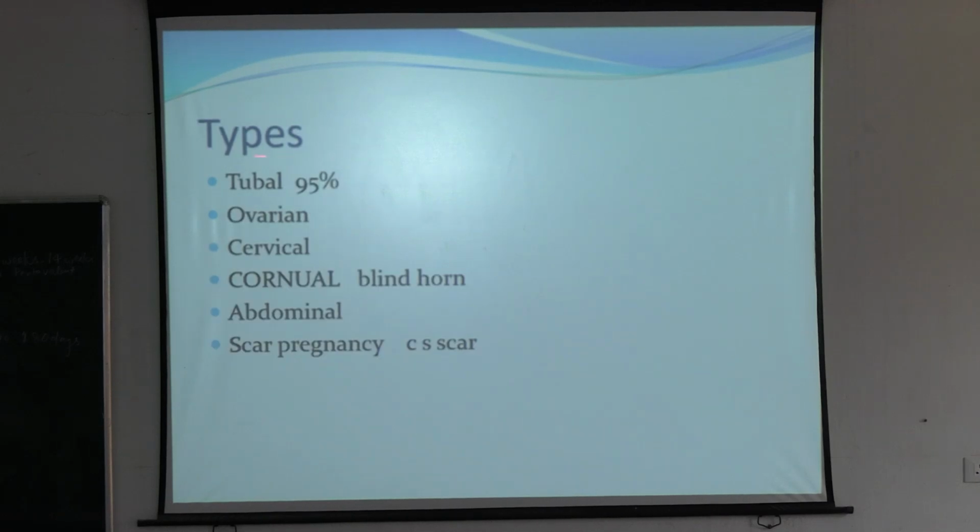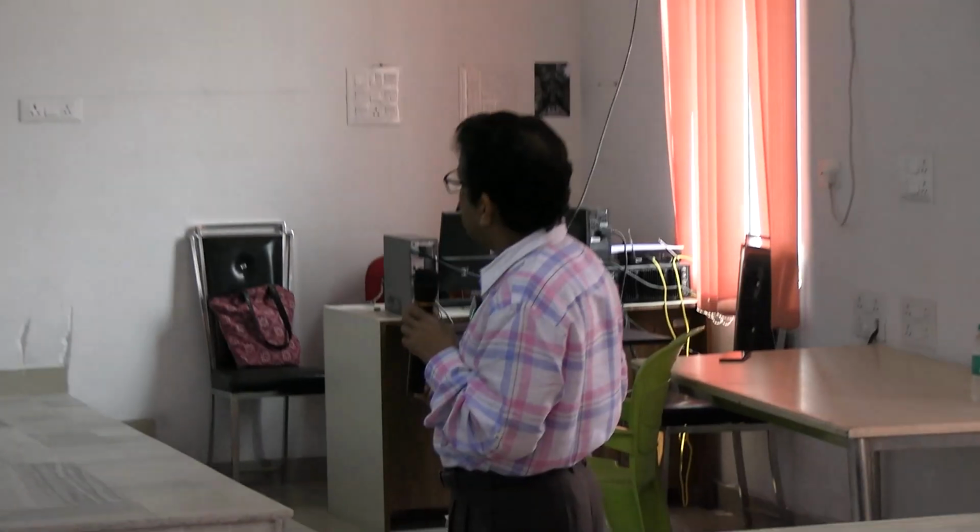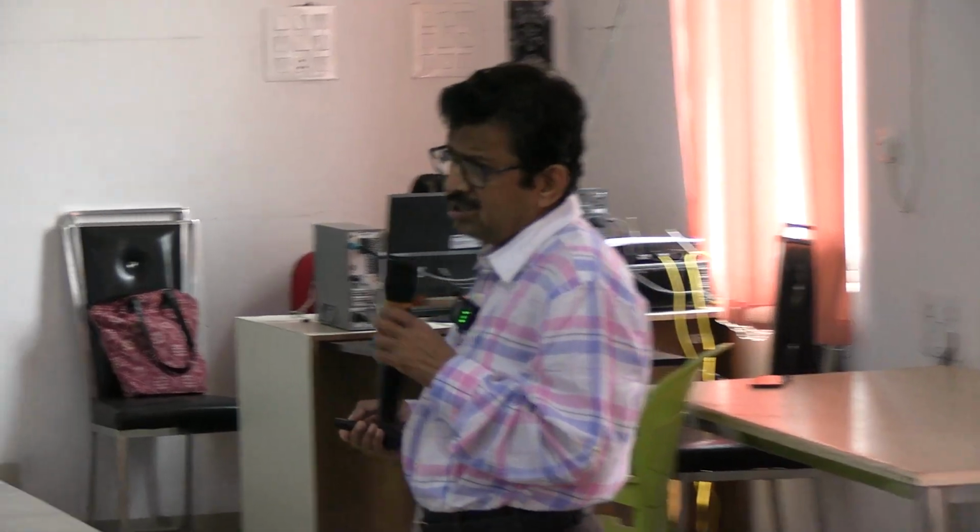Then the types: if you consider the sites where this implantation can occur, the trophoblast has the capacity to invade the tissues. So, wherever these immature cells are present, they will invade the tissue and the trophoblast will grow, and the fetus may grow or may not grow. If the sufficient vascular supply is not there, it will not grow, and the fetus may die.